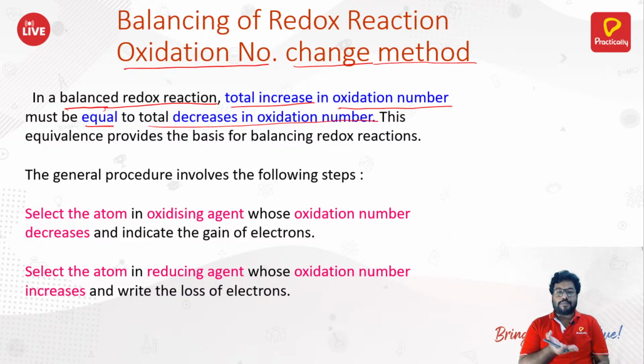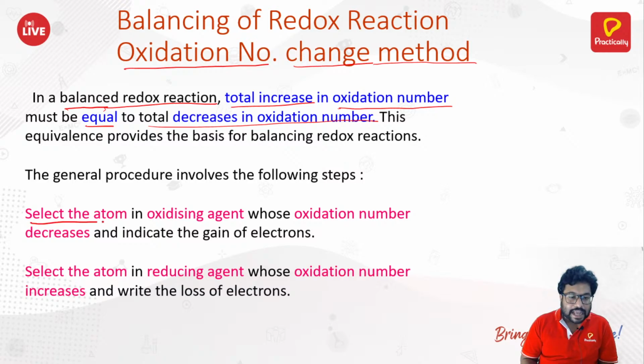So the basis of the oxidation number method is that the total increase in OS should be equal to the total decrease in OS. OS means oxidation state; oxidation number is also called oxidation state. These terms can be used interchangeably. Then only we can call that reaction a balanced redox reaction. So what are the procedures for it?